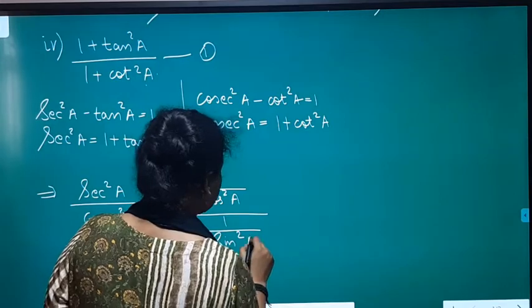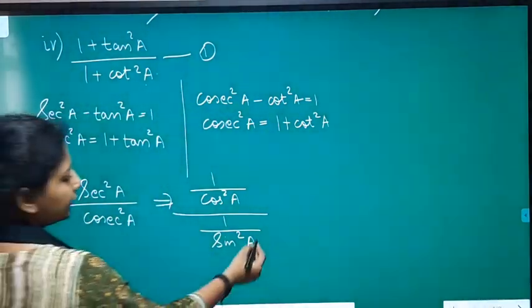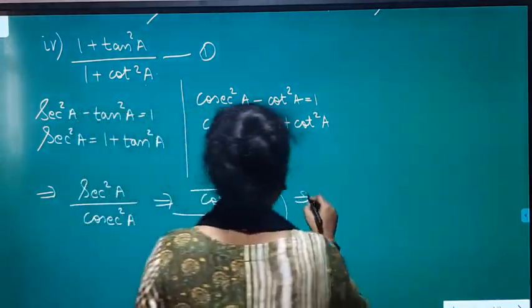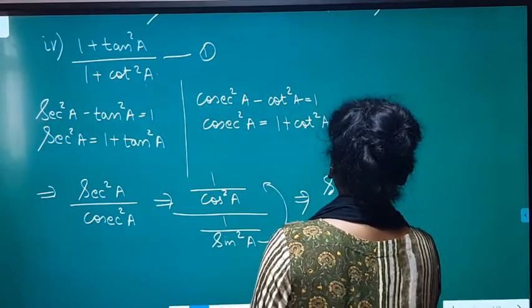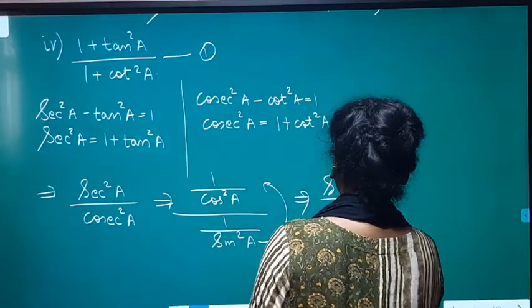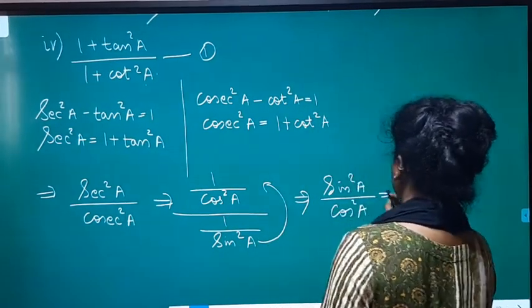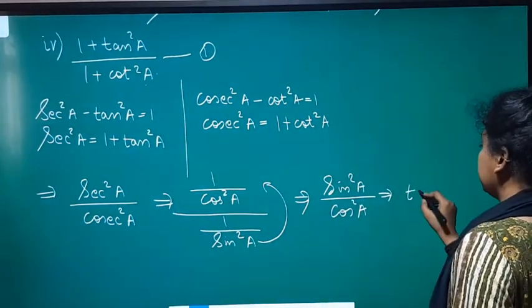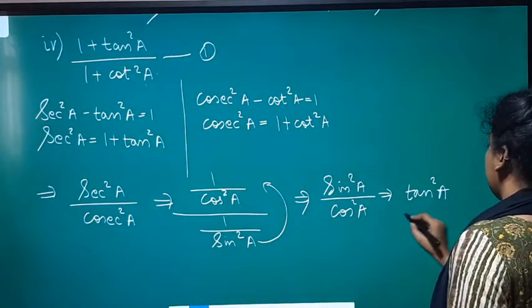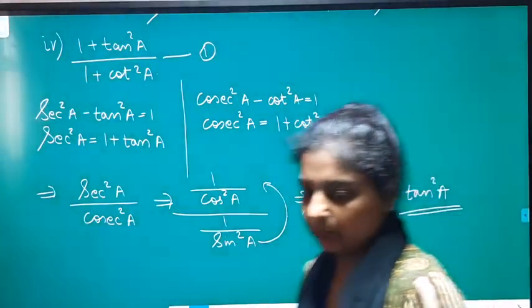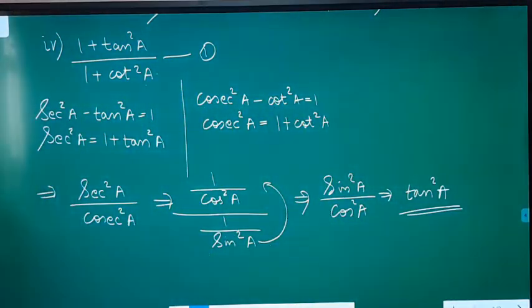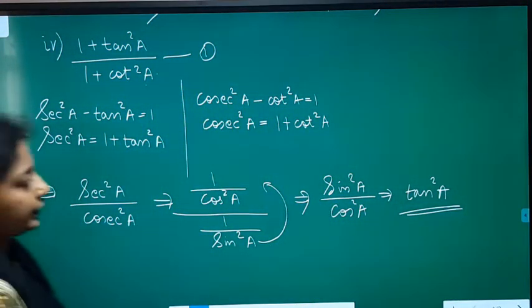This can be written as 1 upon sin square. This value goes up. So we will be left with sin square A upon cos square A. And what is sin upon cos? This is tan. So tan square A will be our answer. This is option number D.